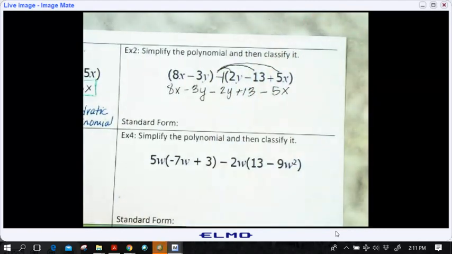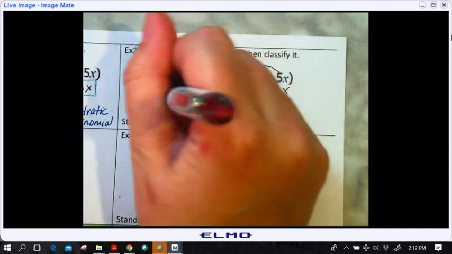And now I'm ready to start combining my like terms. So I'm going to find my highest exponents. And I notice that I have two different variables here. So I'm going to go alphabetically. In the alphabet, x comes before y. So let's do those first.